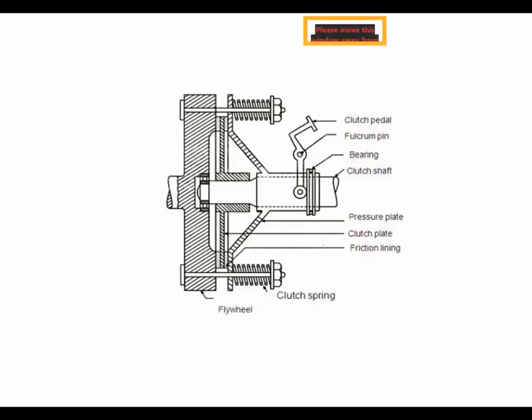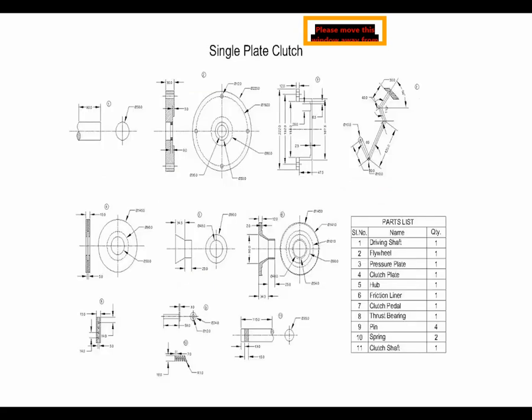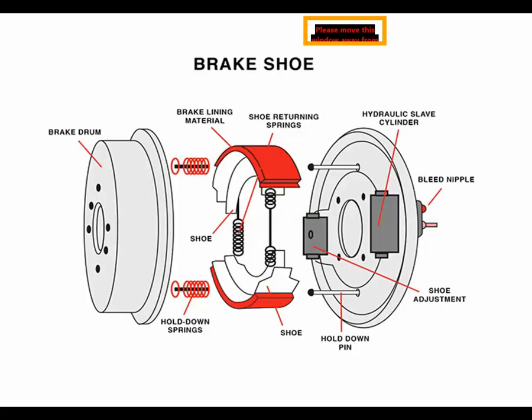If you know all these components, then and only then with the help of this assembly drawing you can draw the detailed parts. Now in a similar way, as you have drawn different diagrams, just look at this brake shoe, just look at the components, and you can draw the parts.